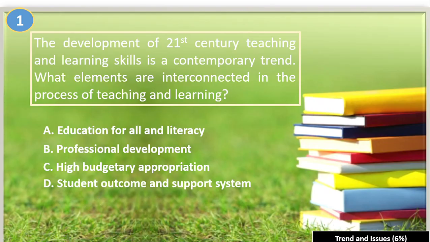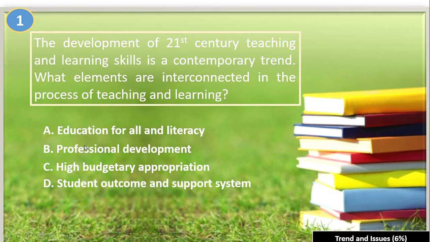Question number 1 on the current trends and issues, which is 6%. The development of the 21st century teaching and learning skills is a contemporary trend. What elements are interconnected in the process of teaching and learning?